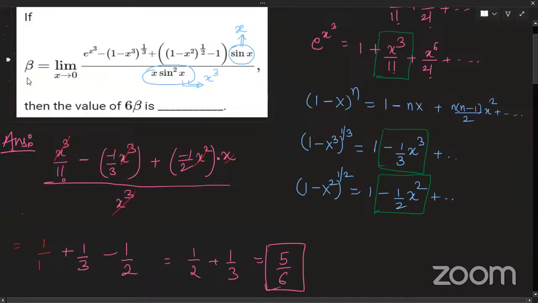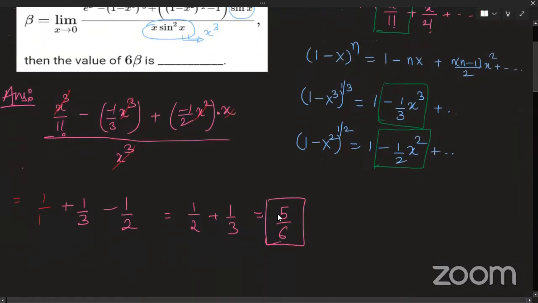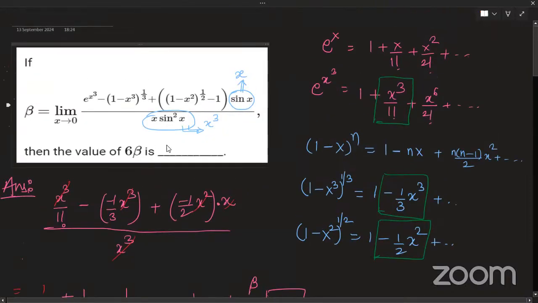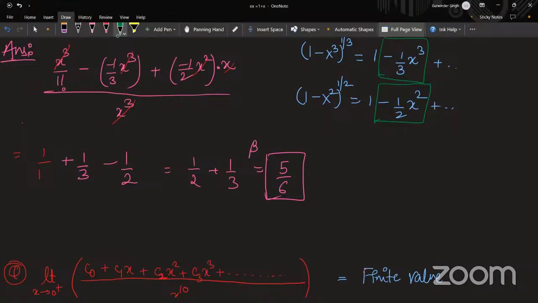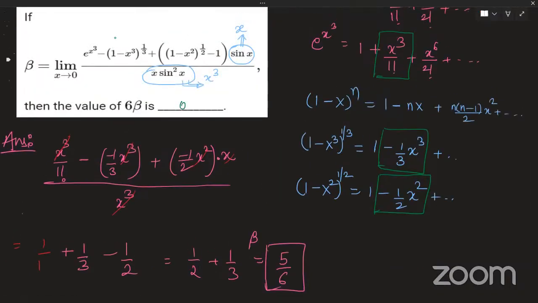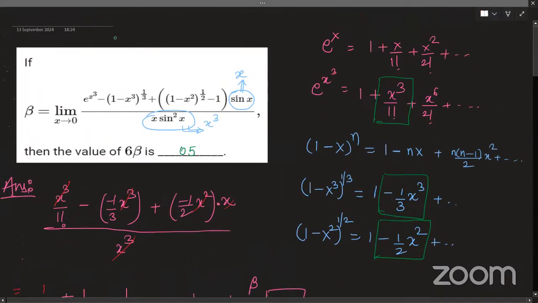You all agree? Okay. It is given that beta is the value of the limit, so beta is equal to 5 by 6. And it is asking me the value of 6 beta. Can you tell me what is the value of 6 beta? 5. Yes, sir, 5.